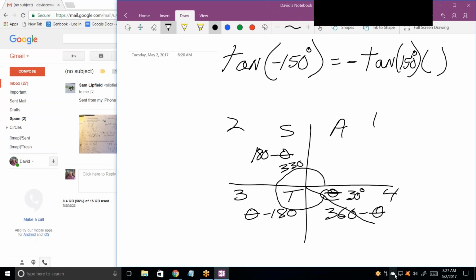It would be 30. Doing it the easy way is 30. Doing it the hard way, you would convert that to 210, and then we'd be dealing with the positive tangent of 210, which is definitely a third quadrant angle. Still gives you a reference angle of 30. But that's the hard way, and I'll show you why. The way you were doing it is actually 2 steps longer than this way.